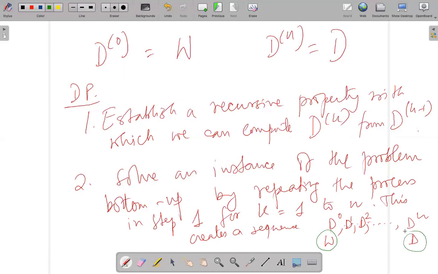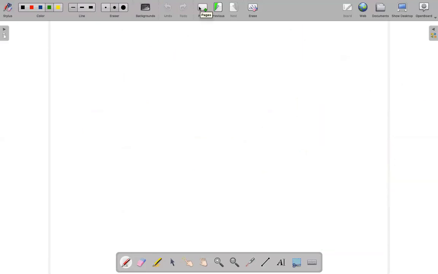You start with d0 and you end in d. Now if you look carefully, in order to accomplish step 1, we have to consider two cases.